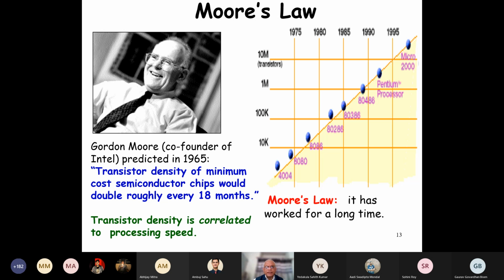And this is a straight line. In the Intel microprocessors, even though it looks like a straight line, it's actually an exponential increase. Every 2 years it is increasing as per Gordon Moore. It appears a straight line just because it is a log scale on the y-axis.